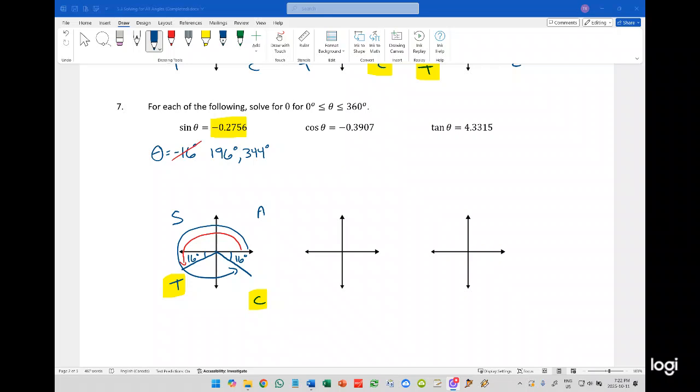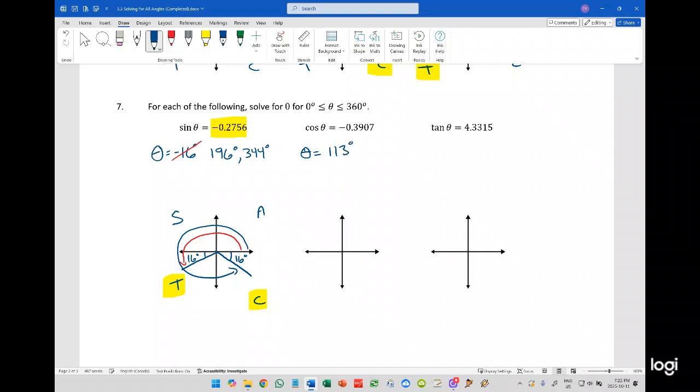Let's try that again with the cos version. We already have cos of theta. We can use our calculator to find out that negative 0.3907 inverse cos is going to give us 113 degrees.